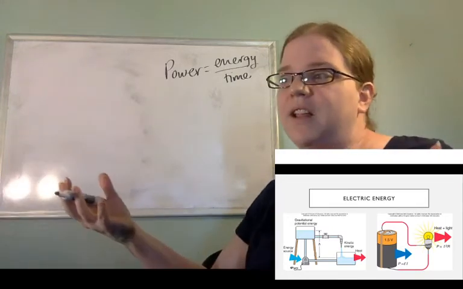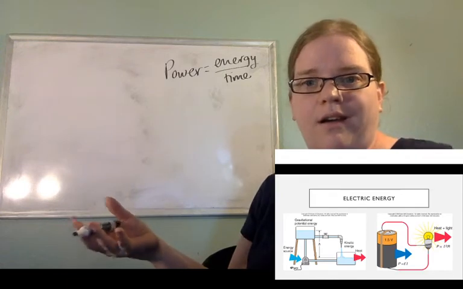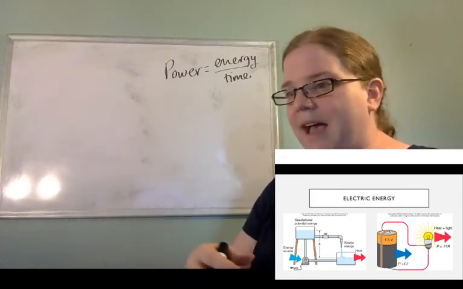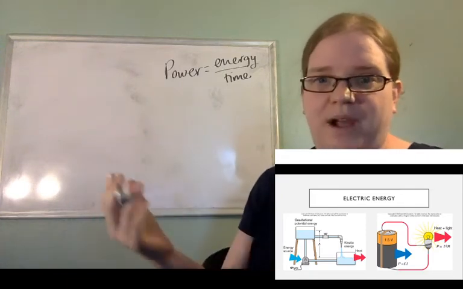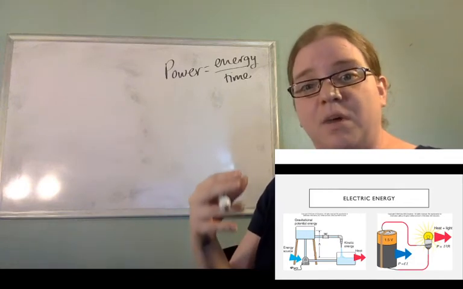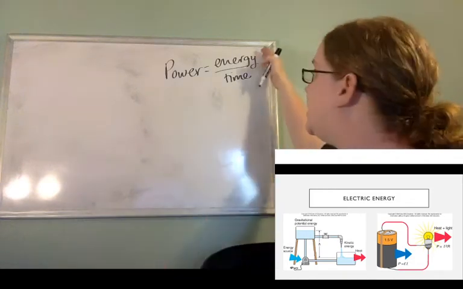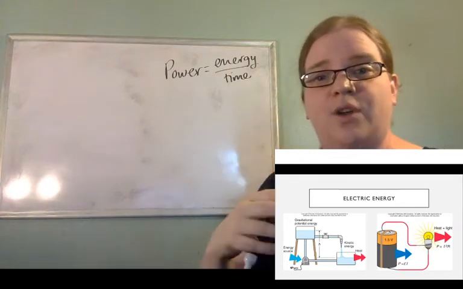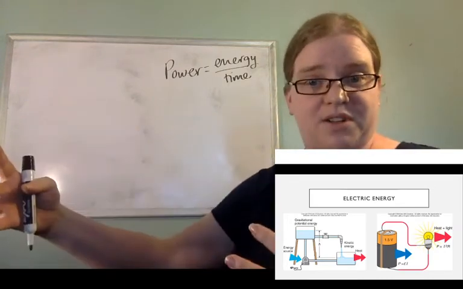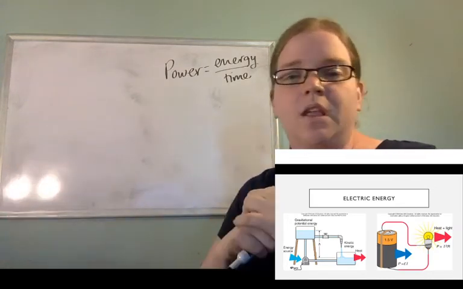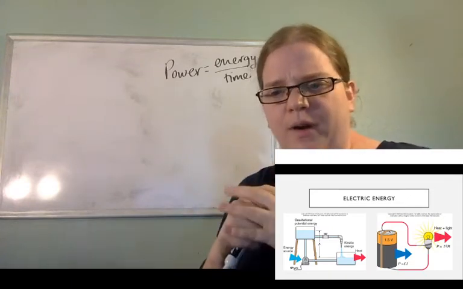But if you have a really high-end, super fancy sports car, it might have 700 horsepower or something. It is much faster. It does a lot more energy per time, and so that car can speed up in a much faster amount of time. So that's one way to think about power.